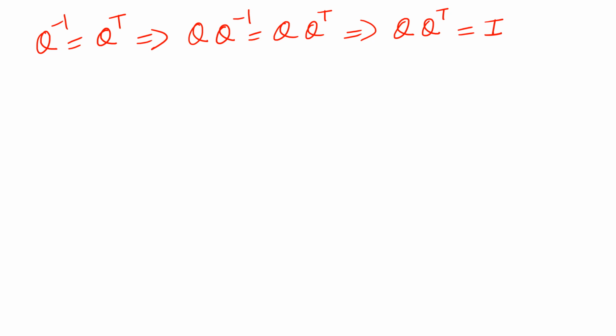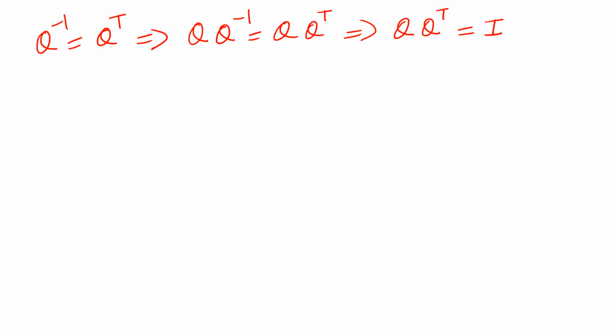Moreover, this equation ensures that the matrix Q will be an invertible matrix, because if I take the determinant on both sides of this equation, I get determinant of Q into Q^T equal to 1, which can further be written as determinant of Q into determinant of Q^T equal to 1.